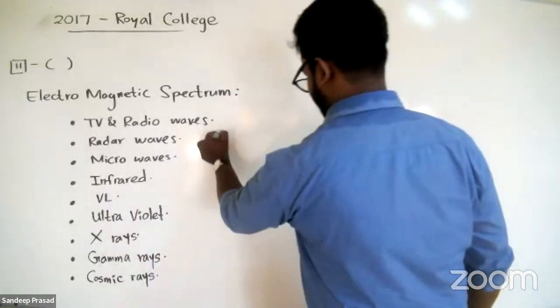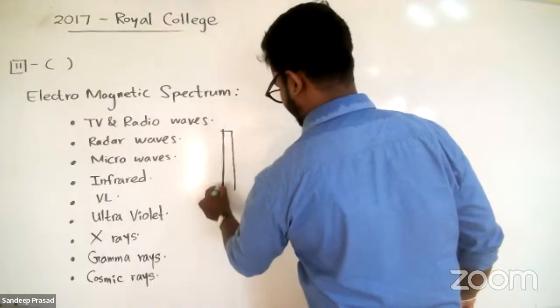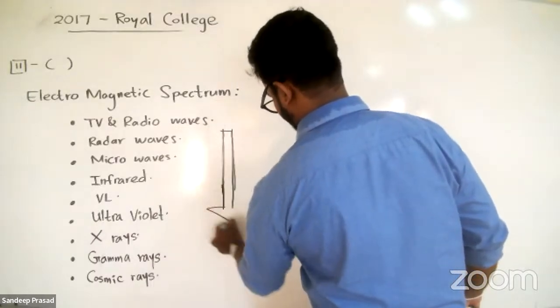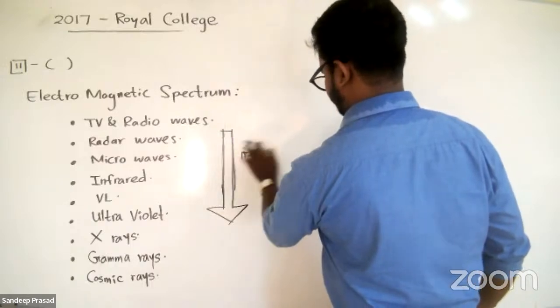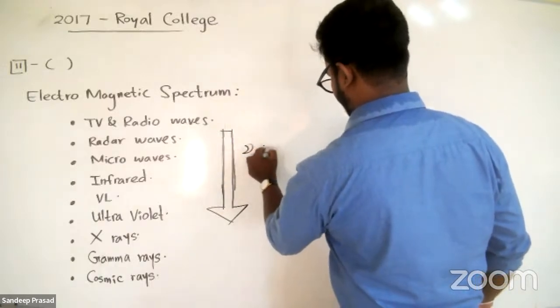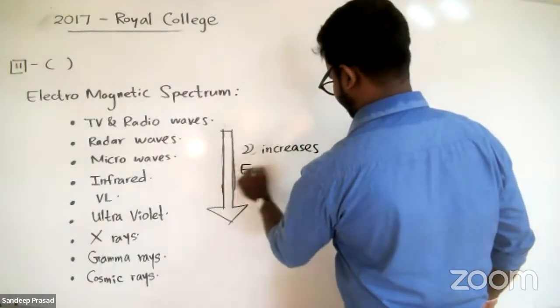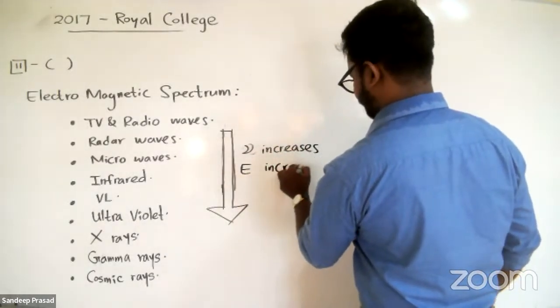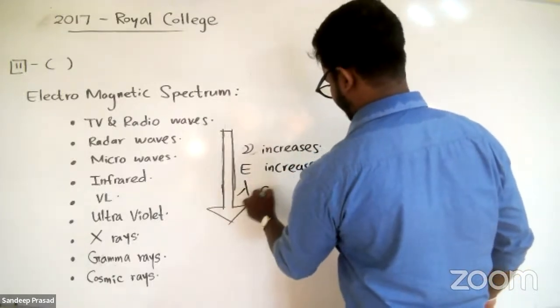So you can see that from TV waves to radio waves, if you start from there, frequency is increasing. Frequency increases, therefore energy increases too. And then we can say lambda, wavelength, decreases.